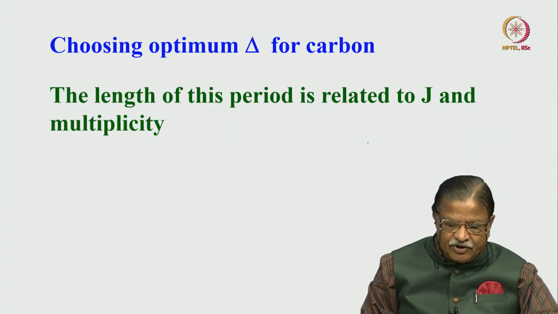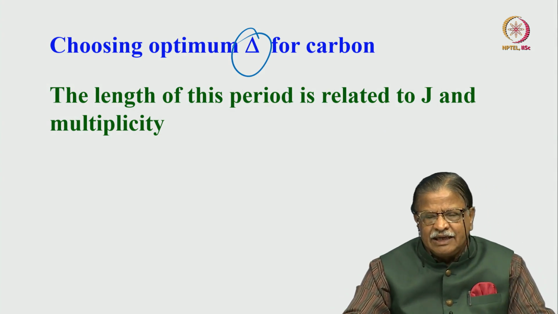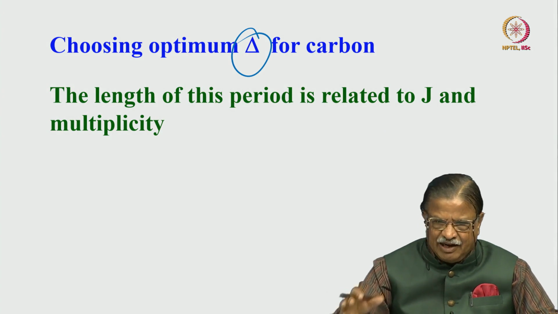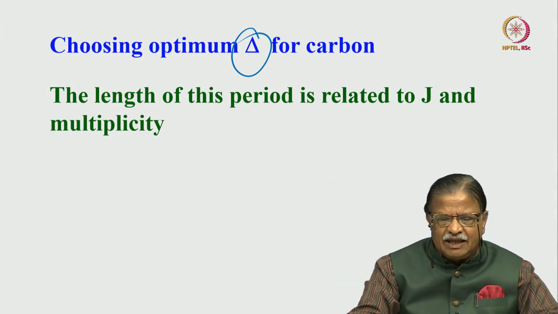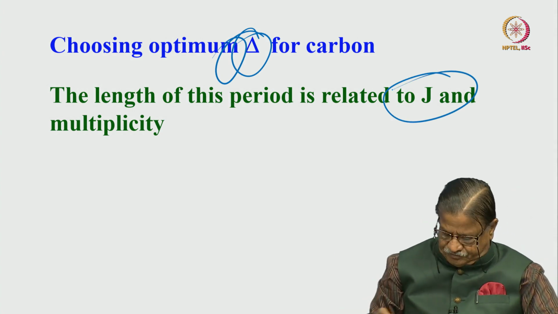What is the length of the refocusing delay? You have to choose the optimum value. That depends upon the J coupling between carbon and proton, the one-bond coupling. We are not worried about long range couplings. This period has to be calculated based on the one-bond coupling.